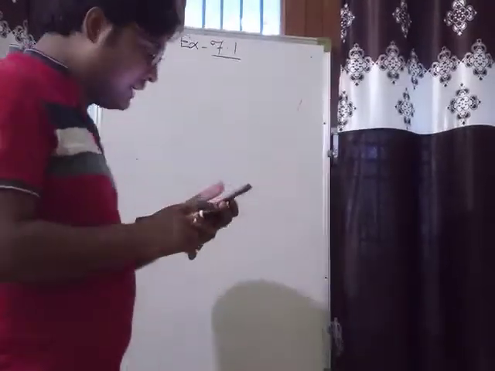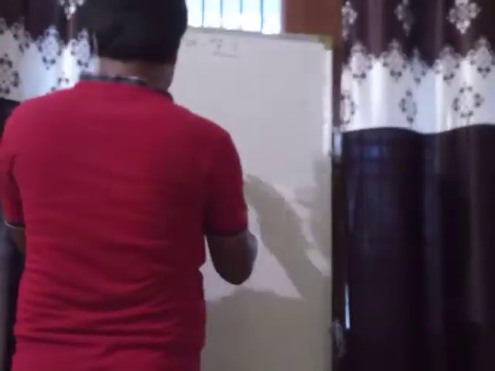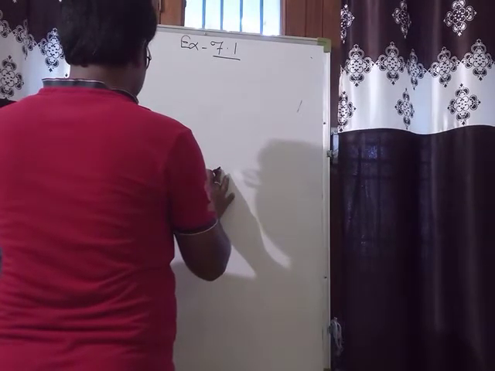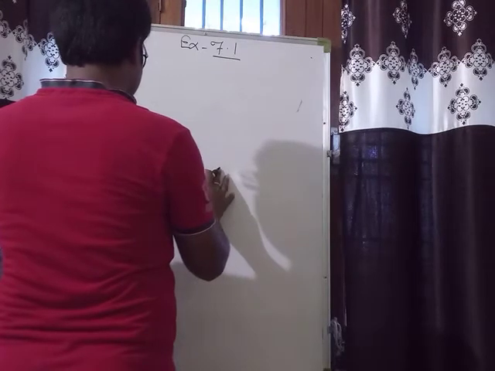In quadrilateral ABCD, AC is equal to AD.